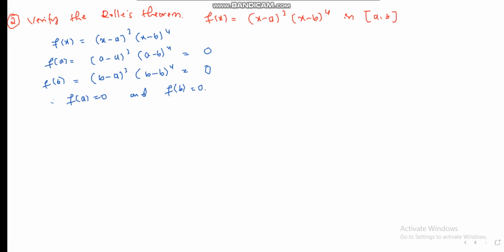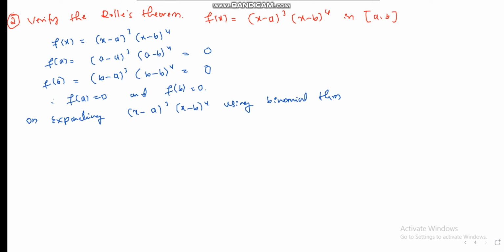Again, on expanding (x minus a) whole cube into (x minus b) raised to 4 using the binomial theorem.